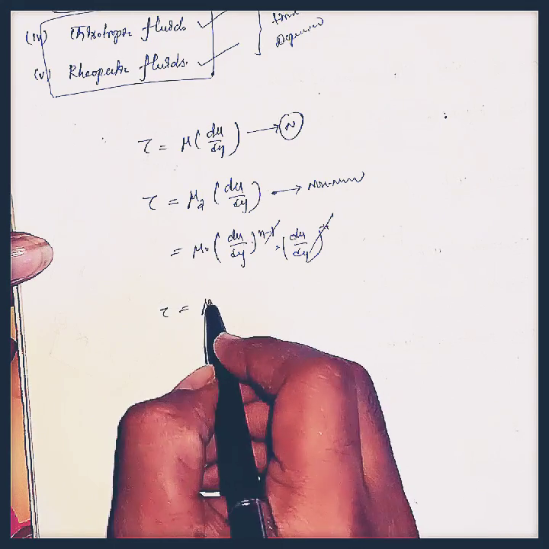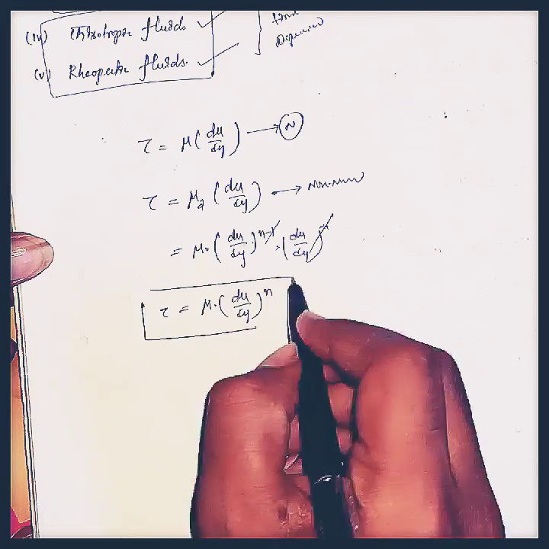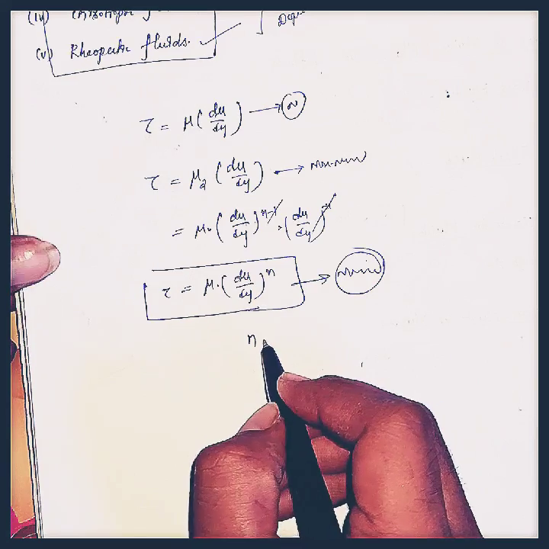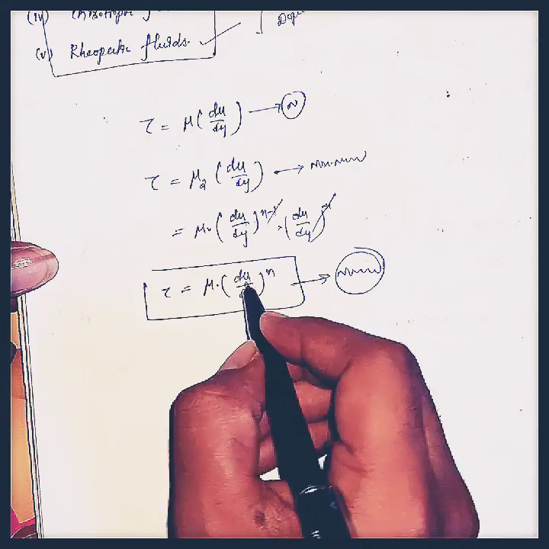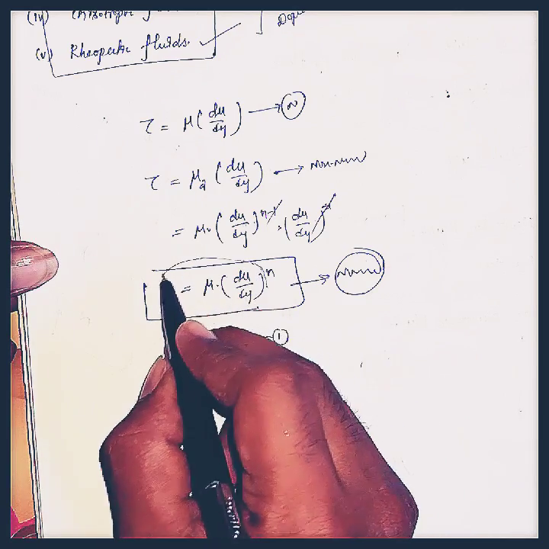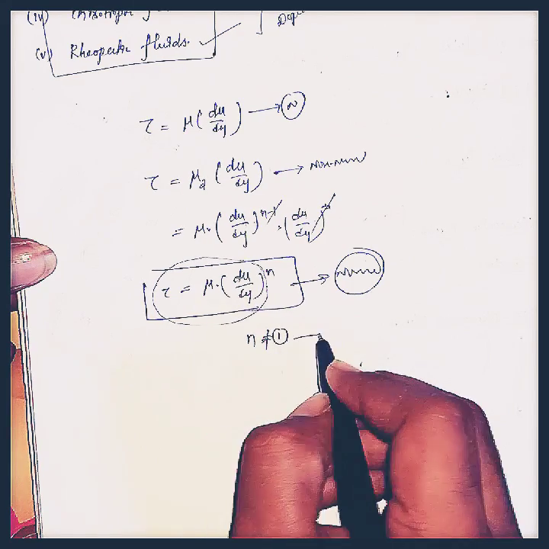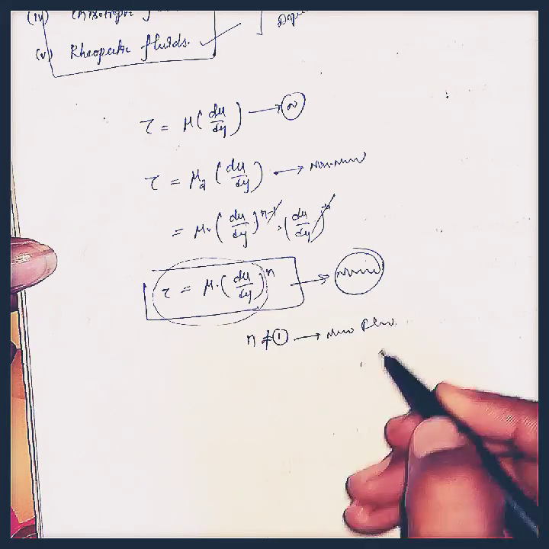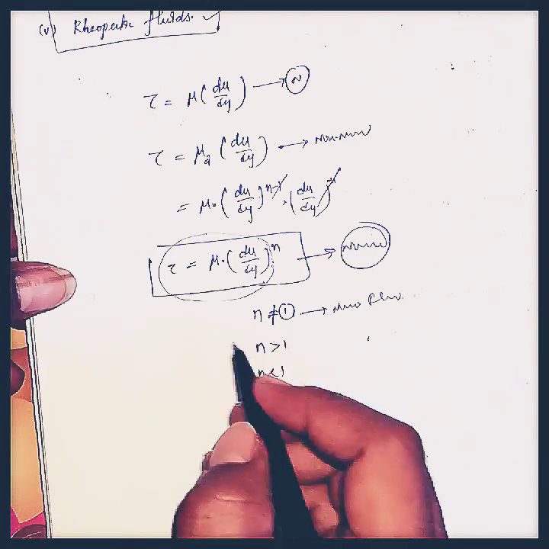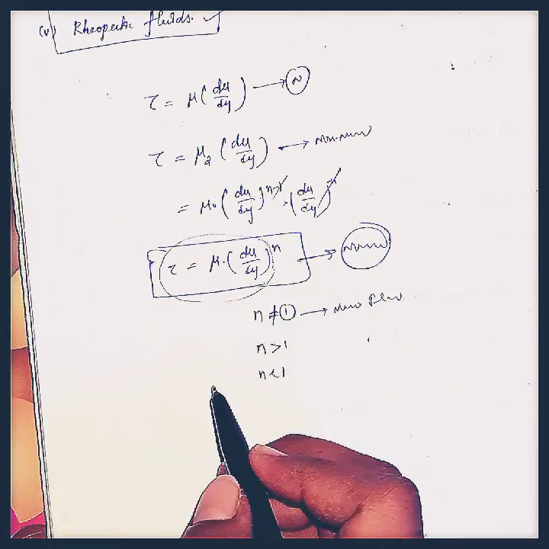That is, tau equal to mu into du by dy whole power of n for non-Newtonian fluids. If n, the flow index, equals 1, this becomes tau equal to mu into du by dy, that is Newtonian fluids. That means the flow index is not equal to 1 for non-Newtonian fluids; it may be greater than 1 or less than 1. So this is the equation for non-Newtonian fluids, very, very important.